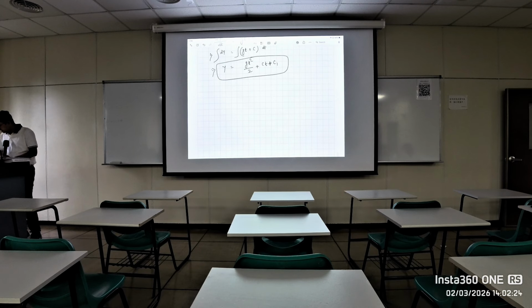Now here the question is, the stone starts at t is equal to 0 from initial position y0 with initial velocity v is equal to v0.